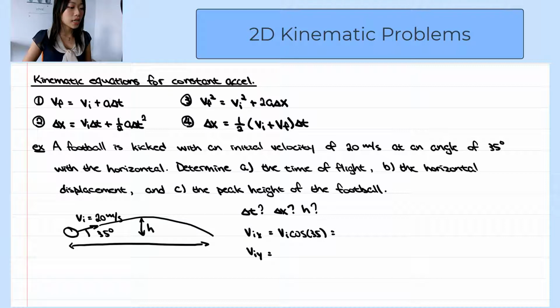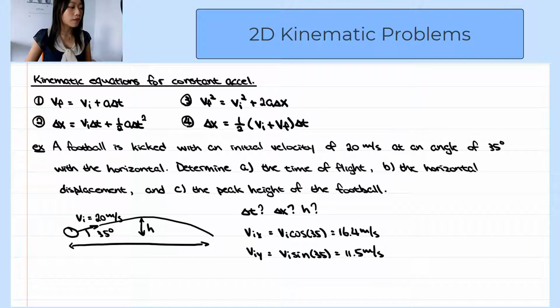That is 20 times cosine of 35, which is around 16.4 meters per second. In the y direction, the velocity is the magnitude of the initial velocity times sine of 35, which is 11.5 meters per second.